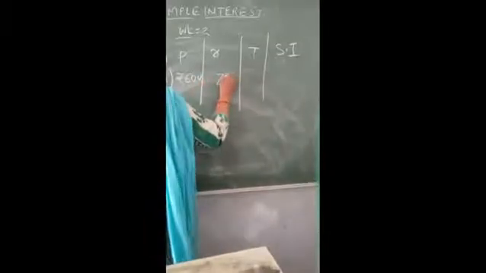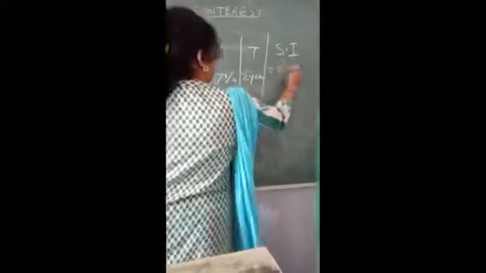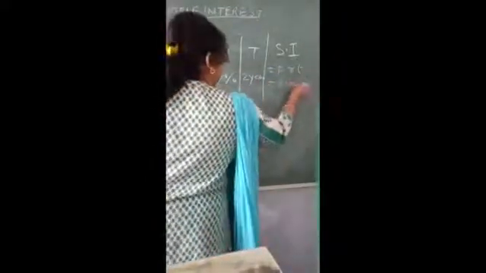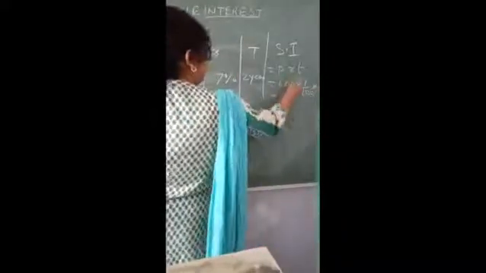Let us start with the first amount, rupees 600, rate of interest 7% and time 2 years. You have to find SI. SI is PRT, which is equal to 600 into 7 by 100 into 2. The zeros will be removed.